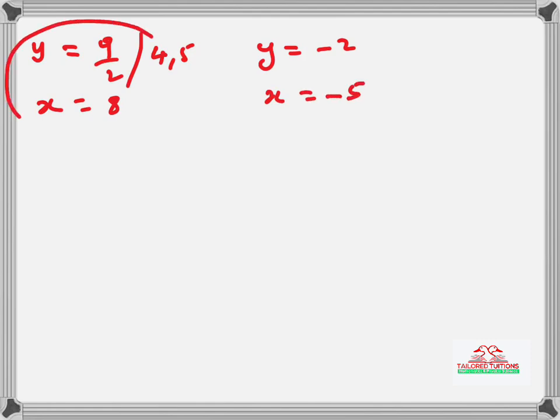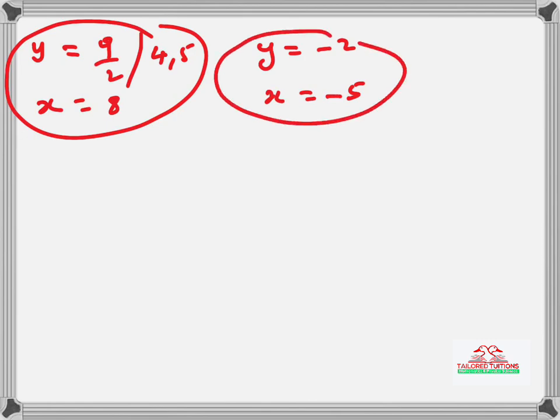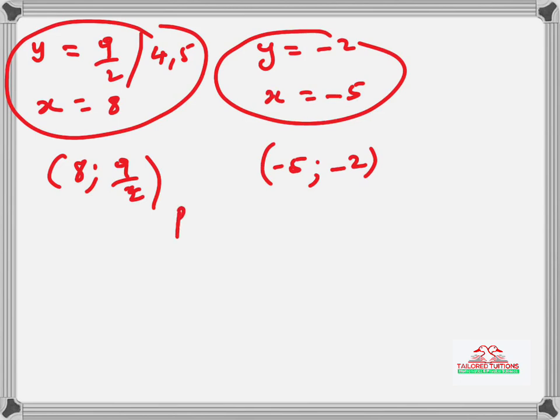Well, this is basically the points. If x is equal to 8, y is equal to 9 over 2, and if x is equal to minus 5, y is equal to minus 2. This is very much important to understand when we are dealing with functions, because we use it to find what? The points of intersection. We use it to find the point of intersection.